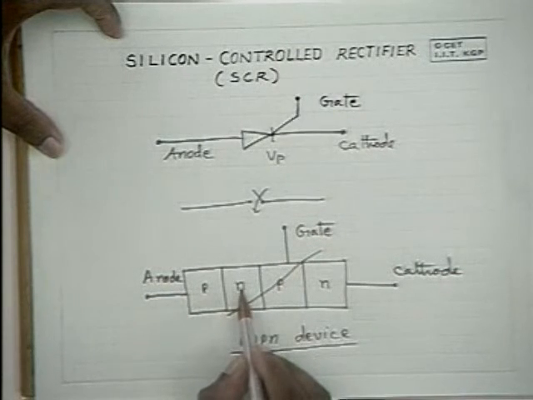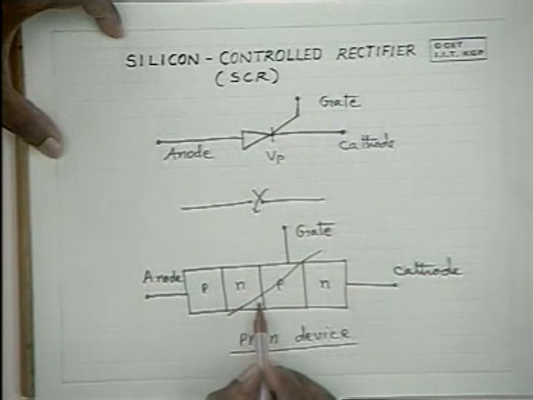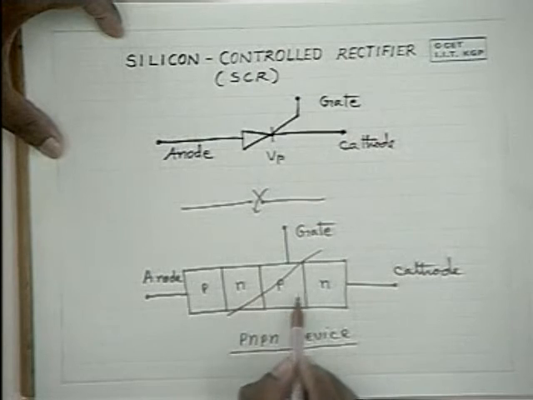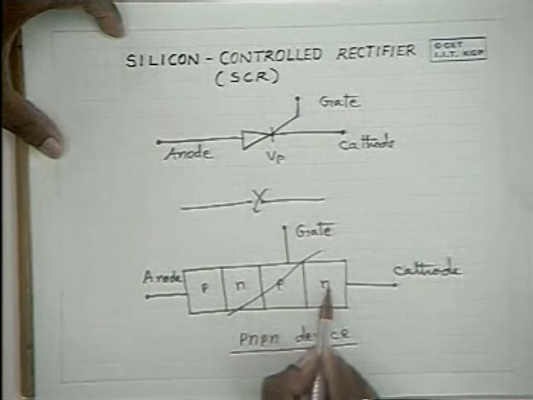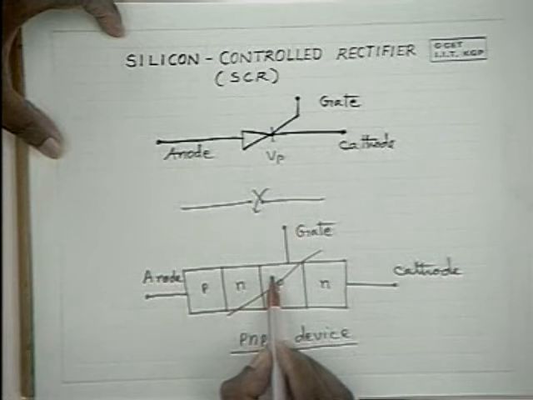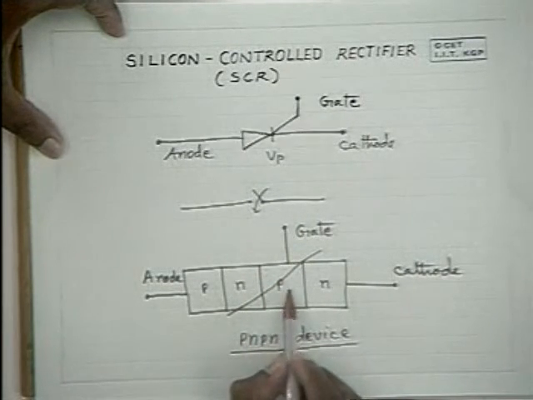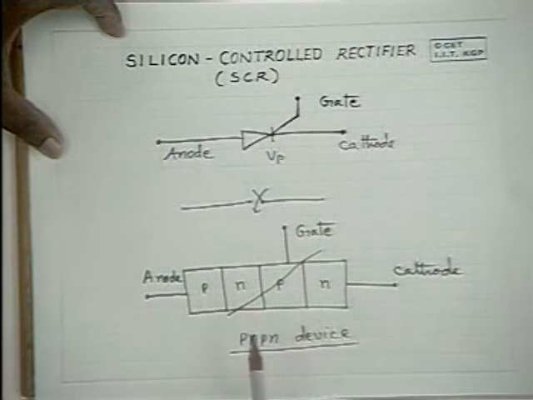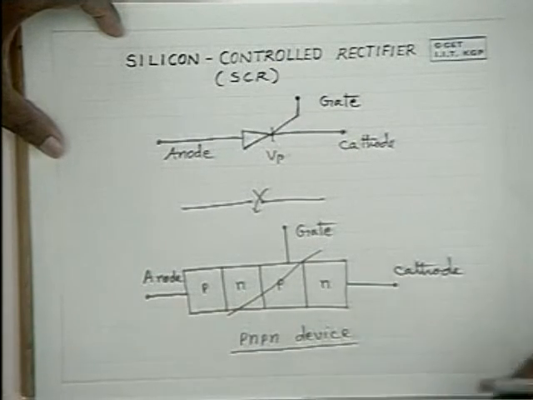Now this N of the PNP transistor is shorted to the N of this NPN transistor here, and this P of the PNP transistor is connected to the base P material of the NPN transistor. It is convenient to view it like this for understanding the operation of the device.